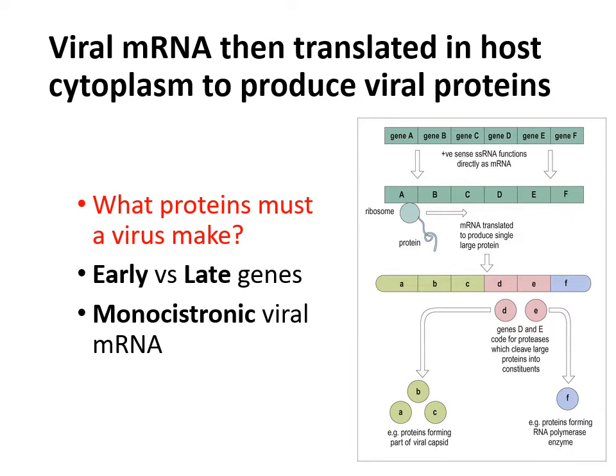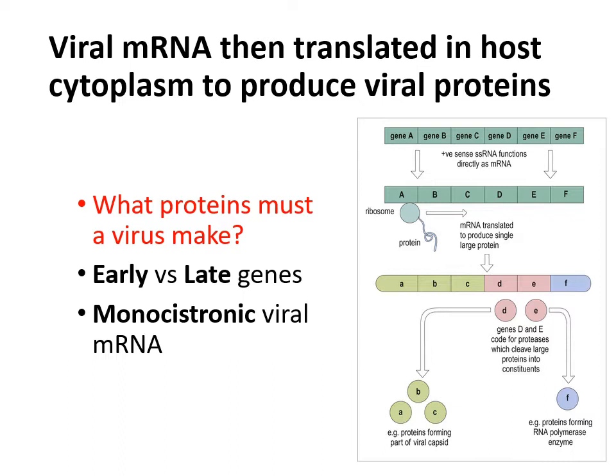I'm going to keep saying assemble throughout this lecture because viruses don't reproduce, they don't divide, they don't have sexual replication. They assemble new viruses. They make more genome, more protein, and put them together. Okay? So the proteins that they have to make are proteins or enzymes involved in replicating their genome, and proteins or enzymes involved in making more of the protein coat and assembling new viruses.